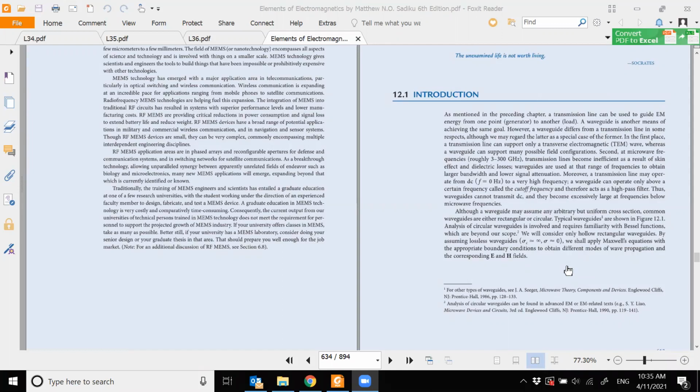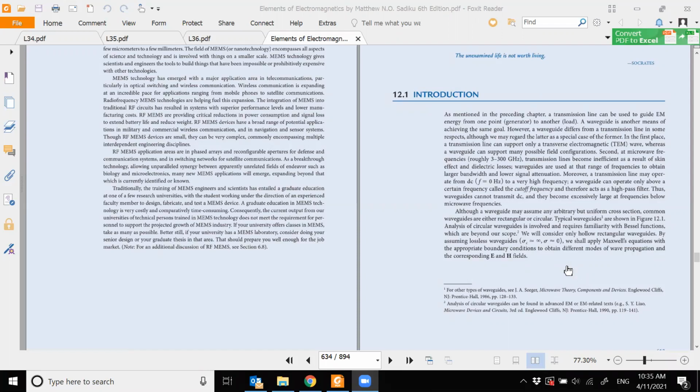And this is purely coming from the boundary conditions. Also, because you are restricting it to only travel in a certain direction, not all the frequencies will be able to travel. There will only be certain frequencies that it can travel.